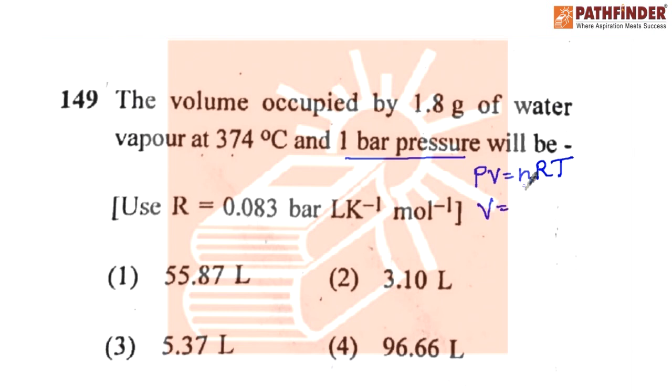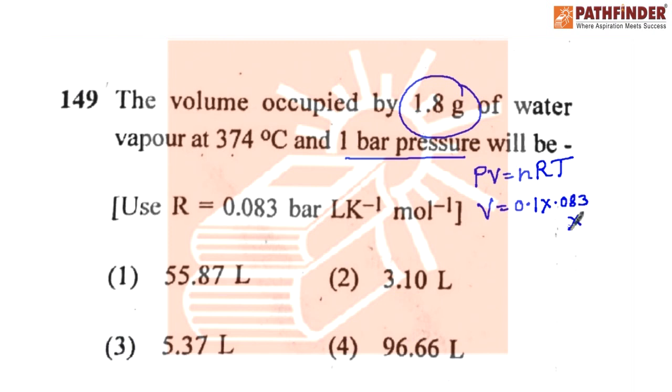Volume will be equal to number of moles times RT by P. Number of moles is mass divided by molar mass. What is the molar mass of water? It is 18, so 1.8 divided by 18 is 0.1, so it will be 0.1 into the value of R given, 0.083.